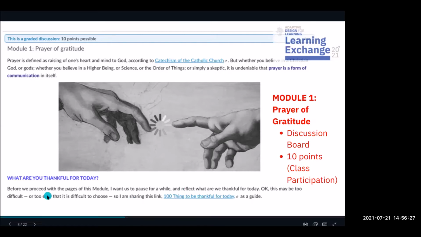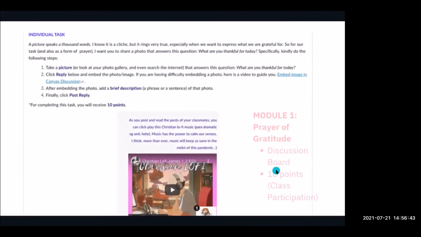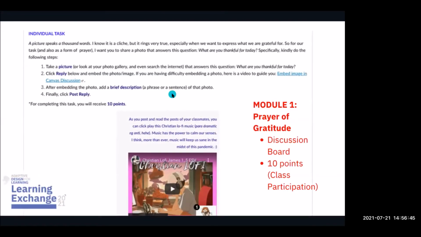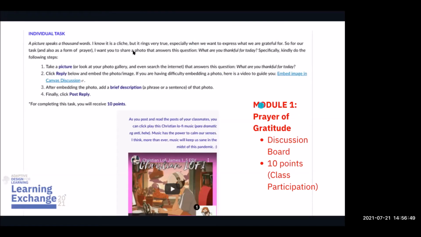Okay, so ito yung gagawin nila. So they just need to pause for a while and to reflect kung saan sila thankful for today. So may instruction ako na nakalagay sa next slide. So ang idea ay they would just share a picture. Pwede mula sa cellphone nila or pwede silang kumuha ng picture sa labas ng bahay nila or pwede silang kumuha sa internet.